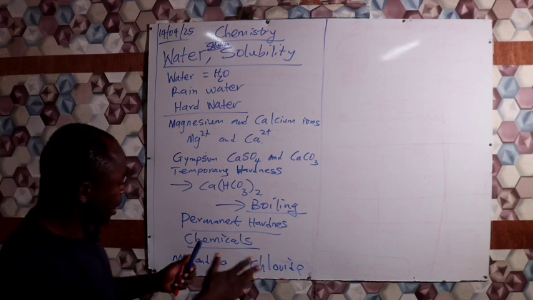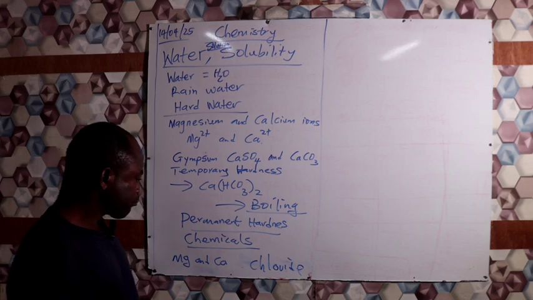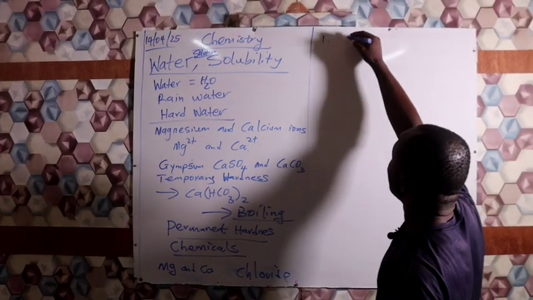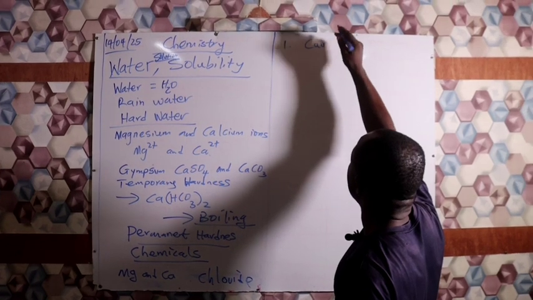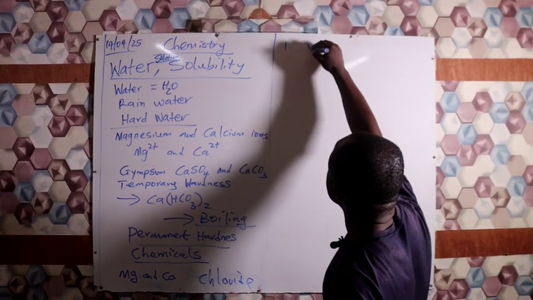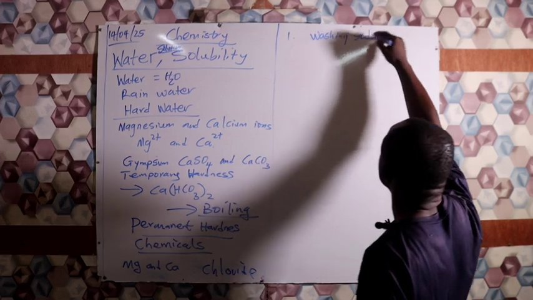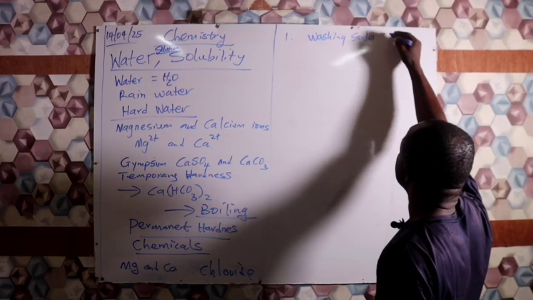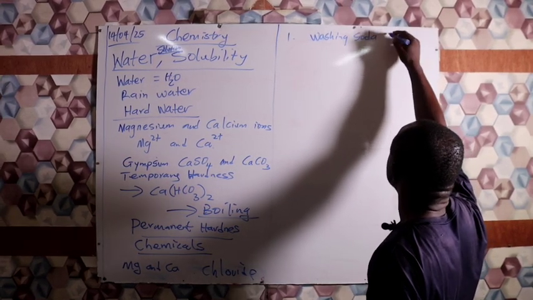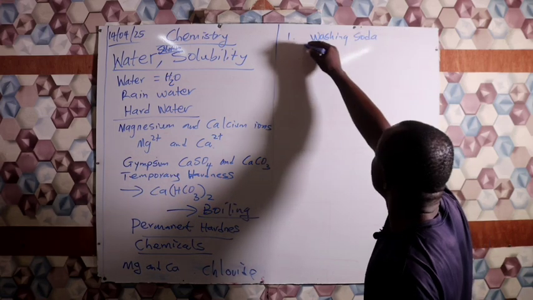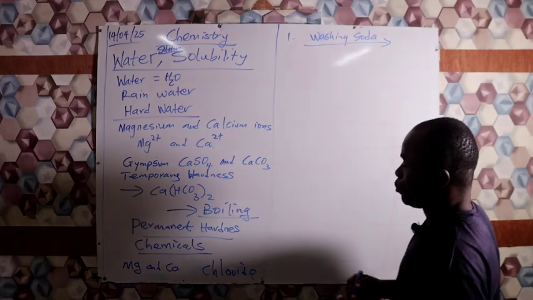Okay? Then now, how do you remove it? You remove it by, one, addition of washing soda. When you add your washing soda, you remove the hardness.